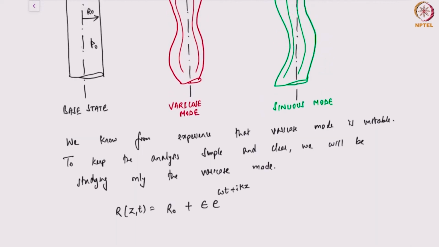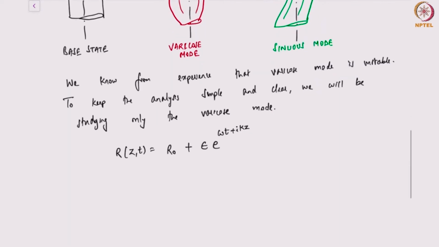I've done a couple of things here, and let me explain each of those steps carefully. The first step is we say small amplitude perturbations, which means that epsilon is much smaller than R0.